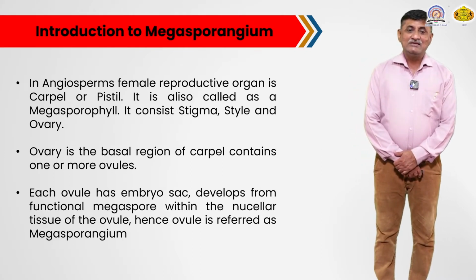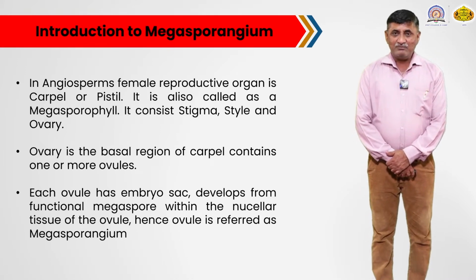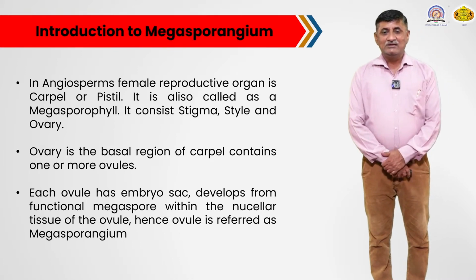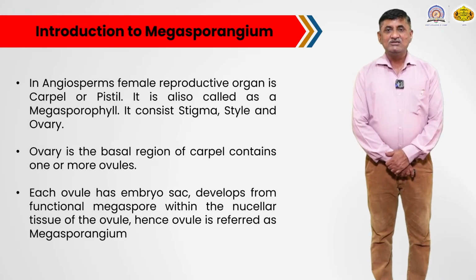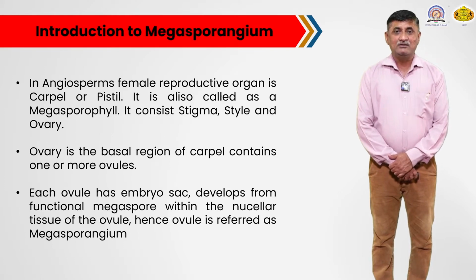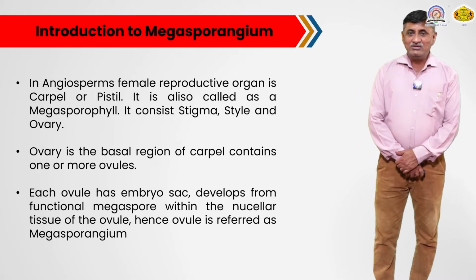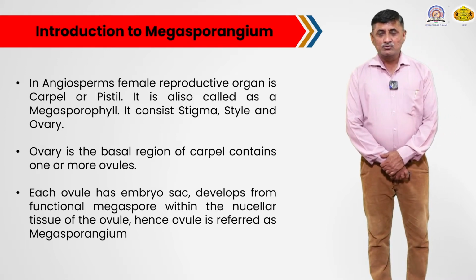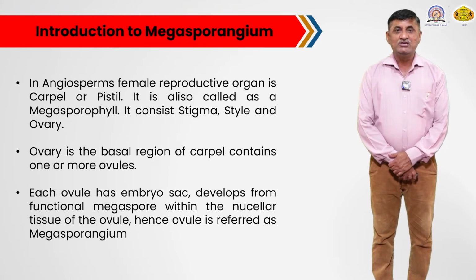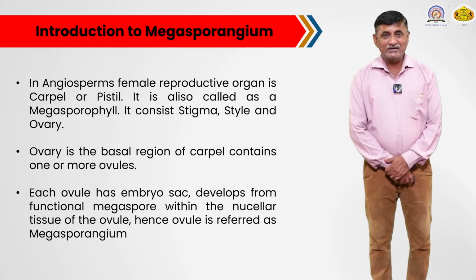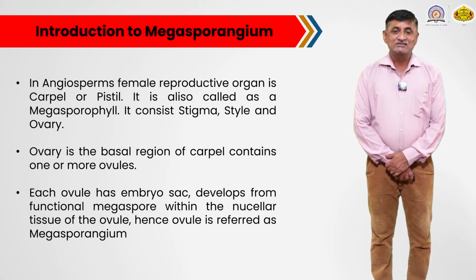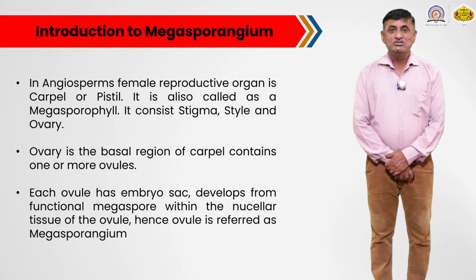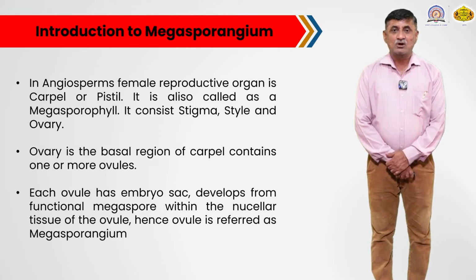It is also called a megasporophyll. This carpel or pistil mostly contains a rounded sticky tip, which is the receiving center for the pollen grain, called the stigma. The stigma is joined with the basal swollen portion, the ovary, with the help of a long cylindrical elongated structure called the style.